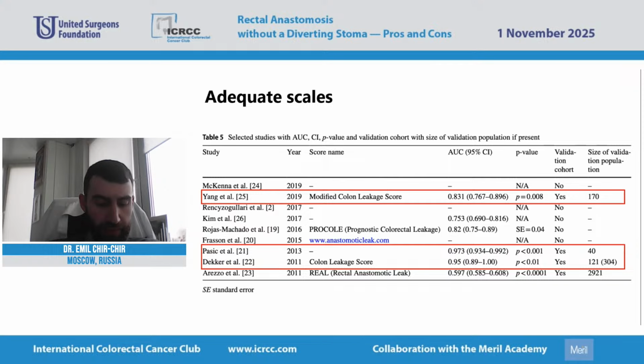From the tables, only 3 publications seem potentially interesting. These are the CLS and its modified version, and the passage study.